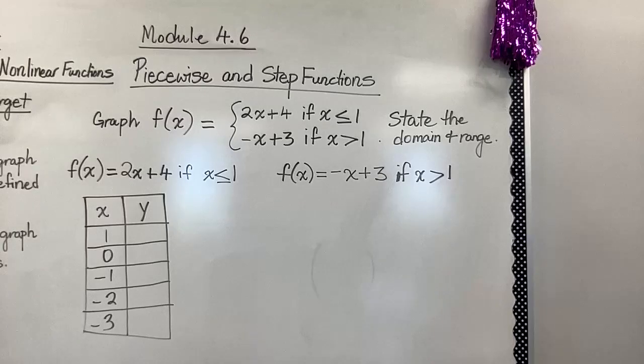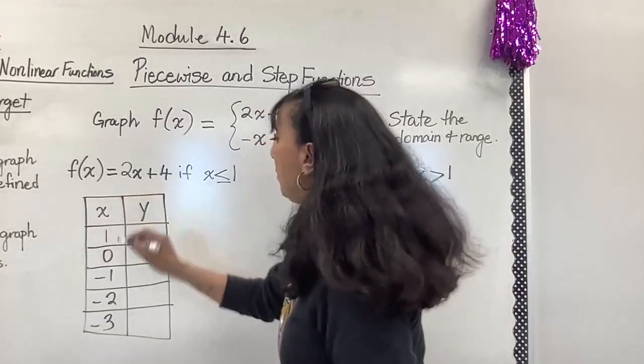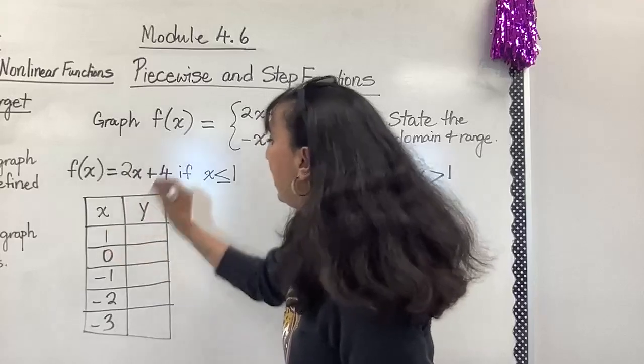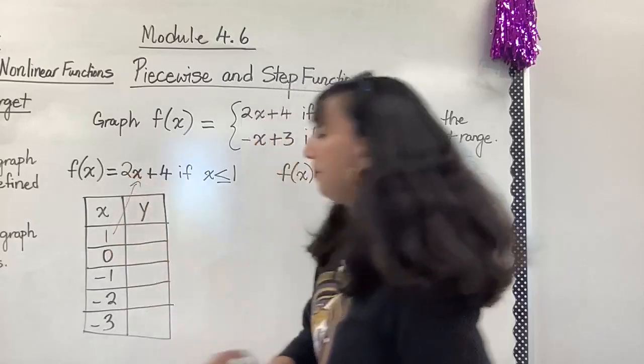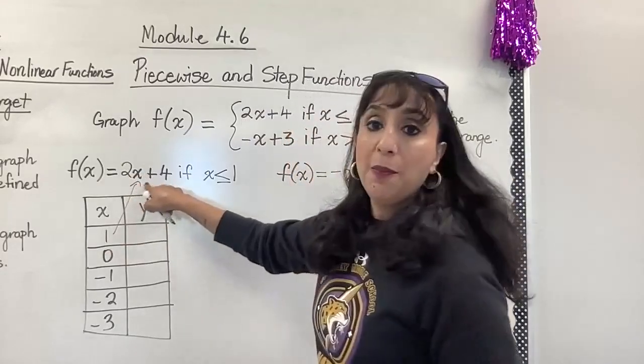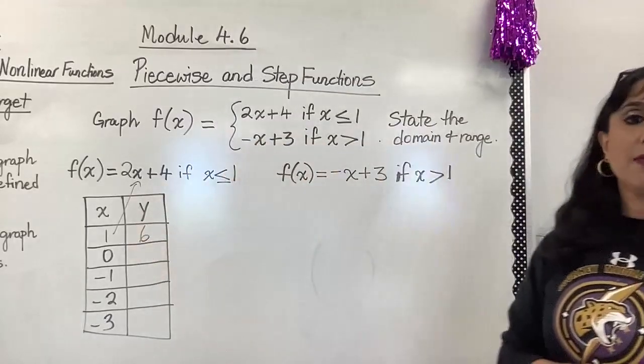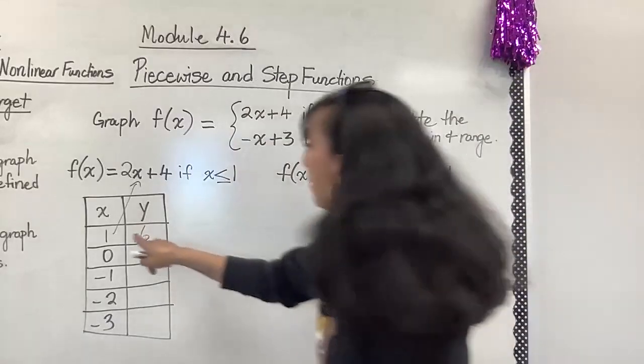So when I do 2 times x plus 4, I'm just substituting the values into this x over here. When I say 2 times 1 is 2, plus 4 is going to give me 6. Okay? And now I substitute 0 for x.